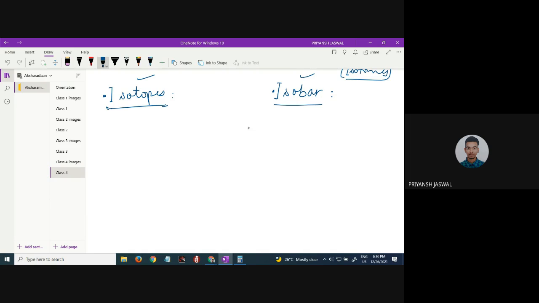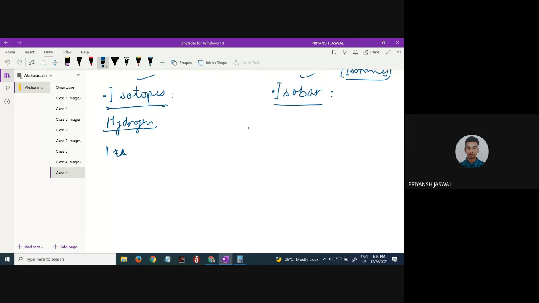Like the element, say, hydrogen. If you pick an atom of this element, it has been observed that sometimes its mass comes out to be different. Usually the mass of hydrogen is taken to be 1 u. But sometimes if we take some atom of hydrogen from nature, its mass will come out to be 2 or 3 also.